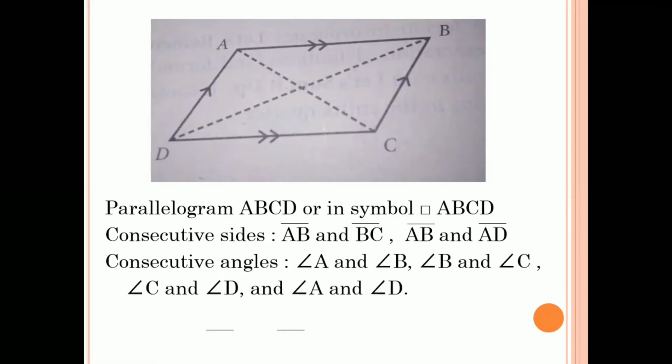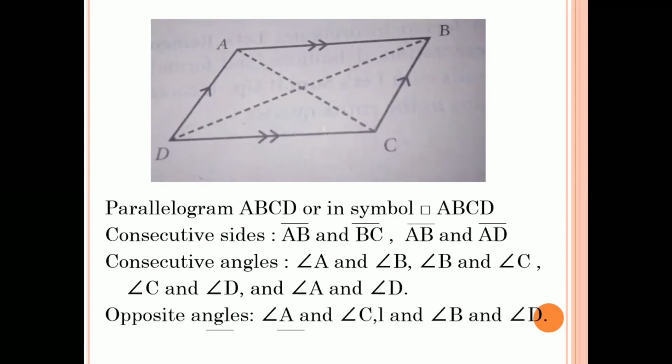Next, we have consecutive angles, or the succeeding angles. We have angle A and angle B, angle B and angle C, angle C and angle D, and angle A and angle D. They are the pairs of consecutive or succeeding angles.